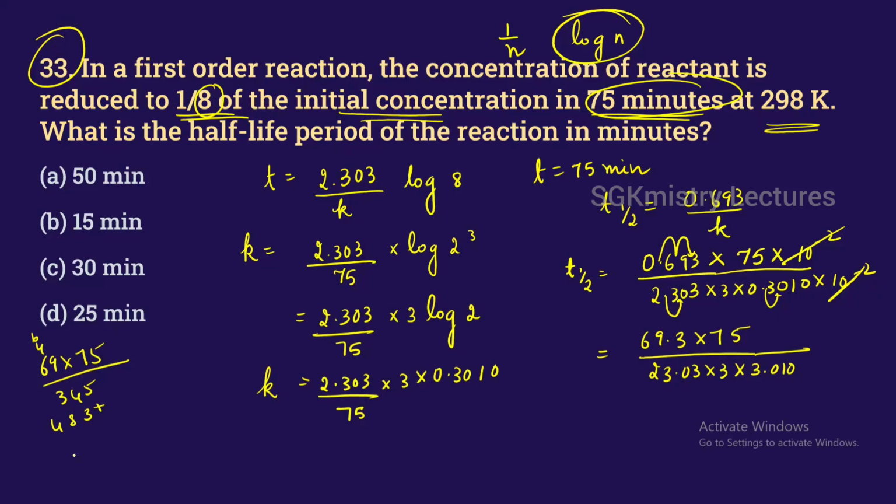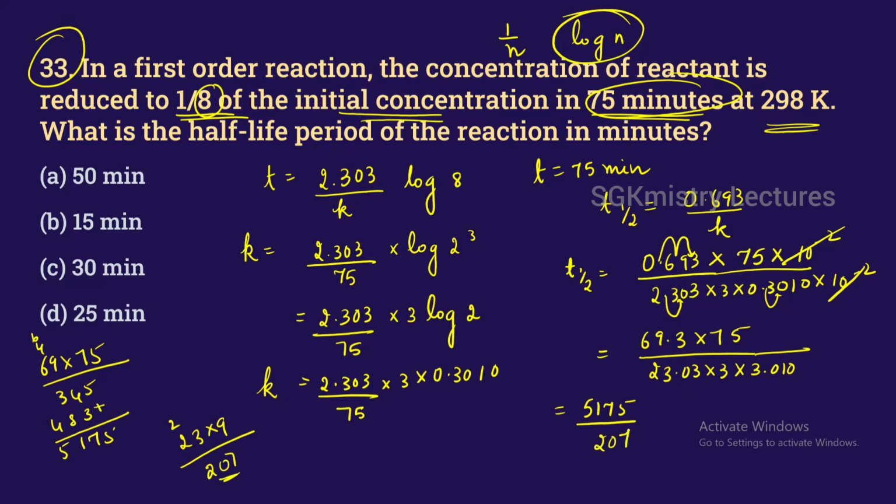Okay. So we have 5175 in the numerator. Then here, I can directly do 23 into 9, so that during approximation it is much easier. So 27, 18, 19, 20, 207.